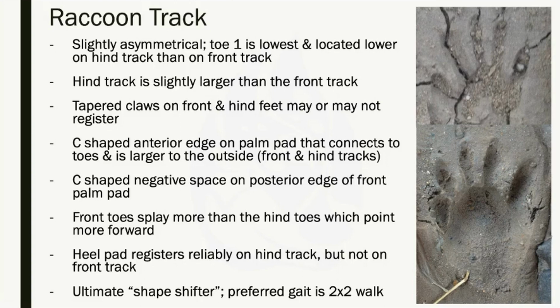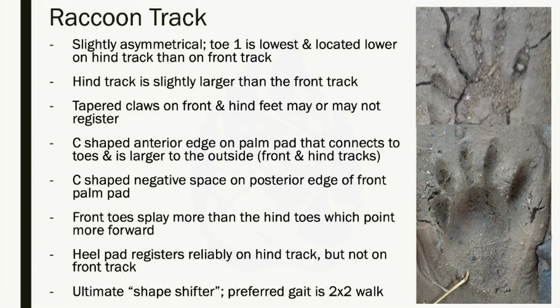One of the ways you can differentiate them, in addition to the morphology, is by gait, because their common gait is what's referred to as a 2x2 walk. In layman's terms, what that means is you'll see a front track right next to a hind track of the opposite side.